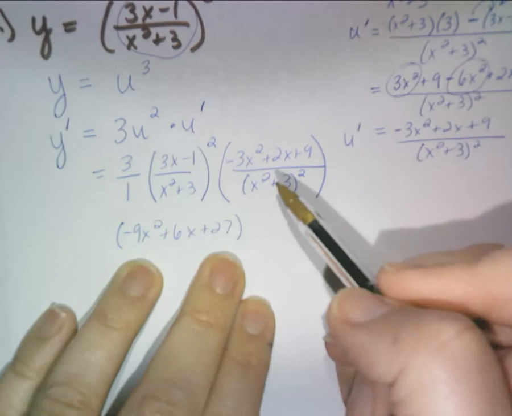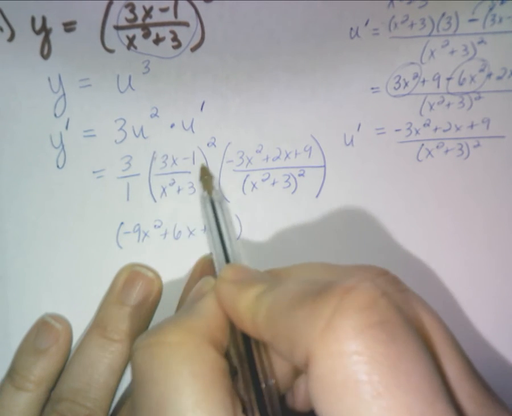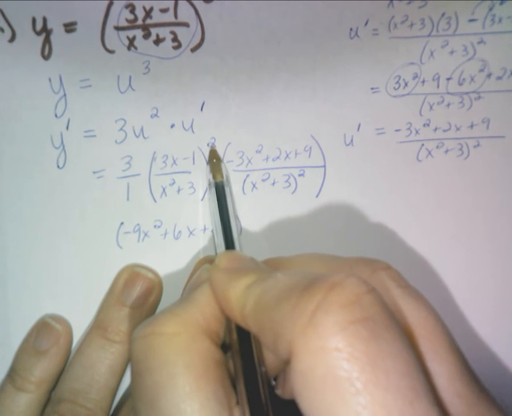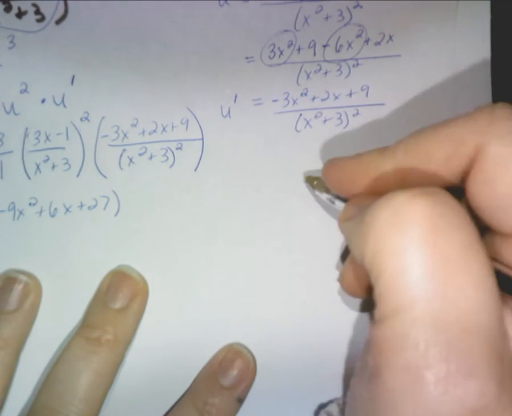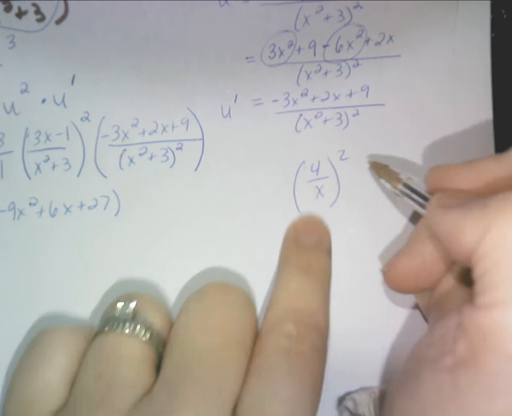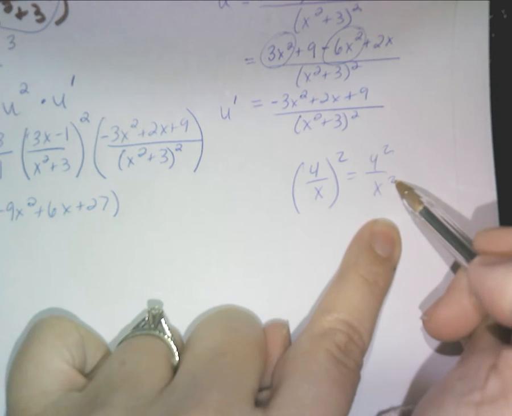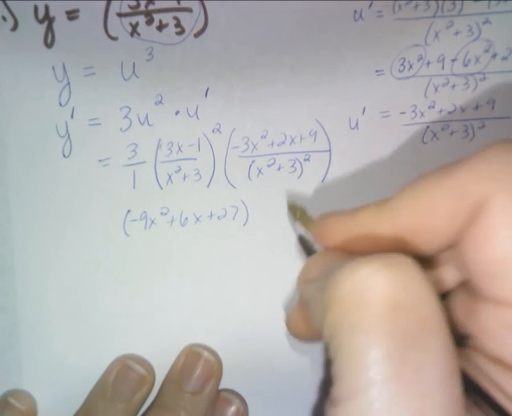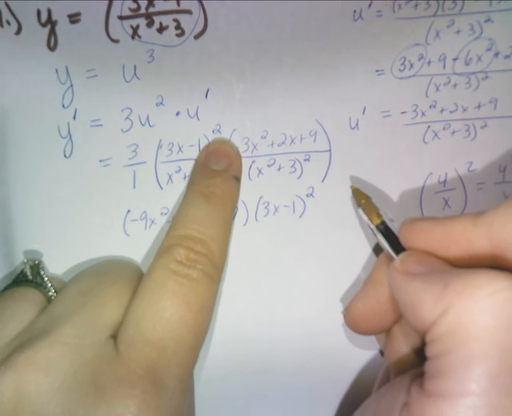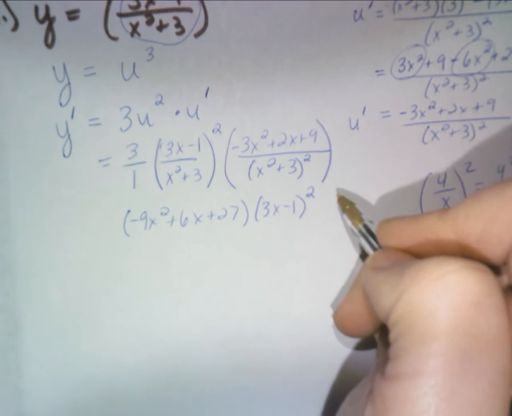Okay. Now, this top part of this quotient, what power is it going to? Square. And according to fraction rules, if you have 4 over x squared, that's the same as saying 4 squared over x squared, right? So this is actually the quantity 3x minus 1, squared. We're just doing the numerator. You don't have to FOIL.